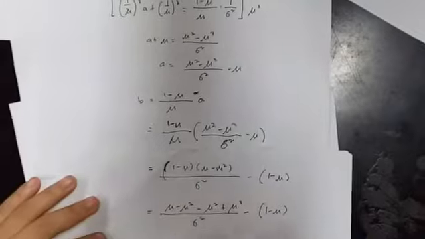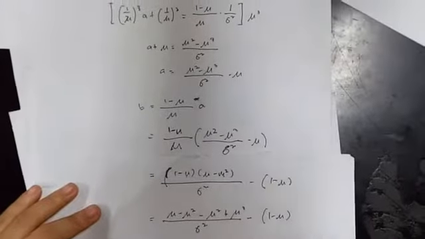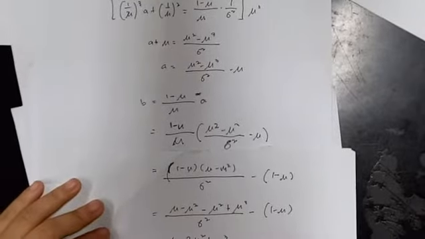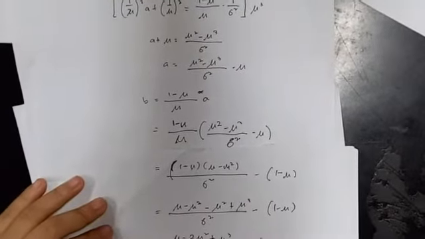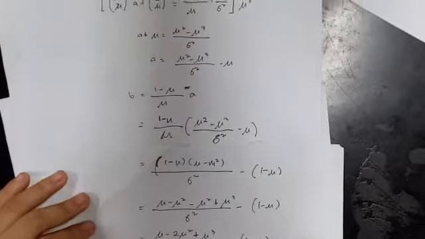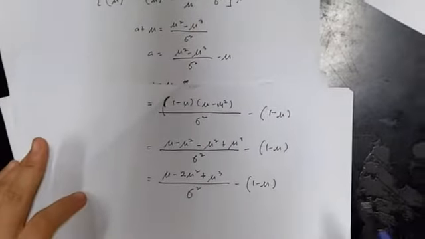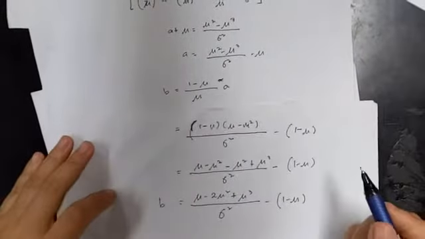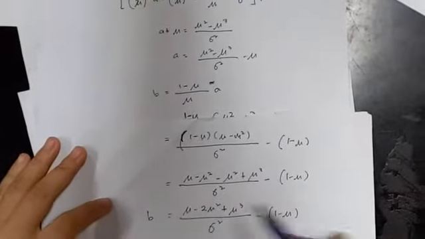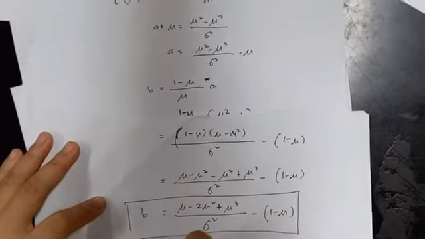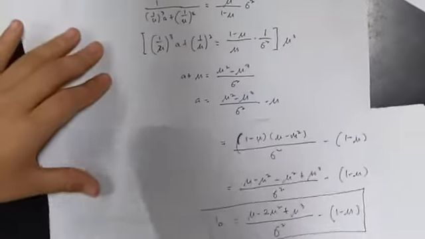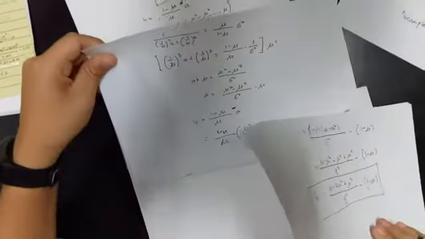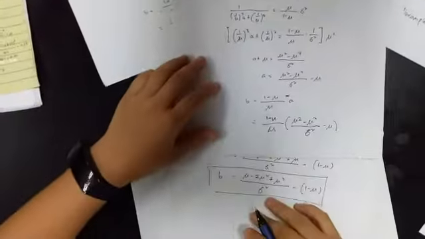Simplifying, we then have mu minus 2 mu squared plus mu cubed over sigma squared, minus (1 minus mu). So this is the value of your B, and for your A, we have the formula above.